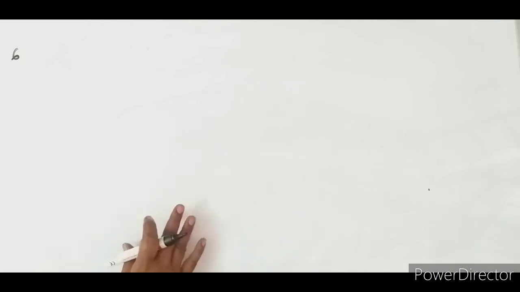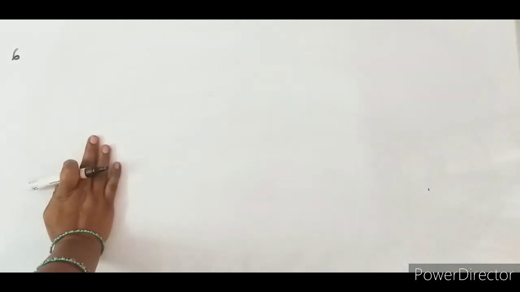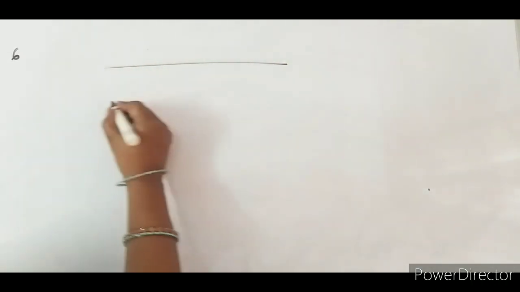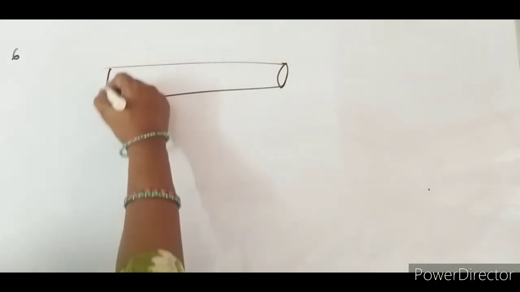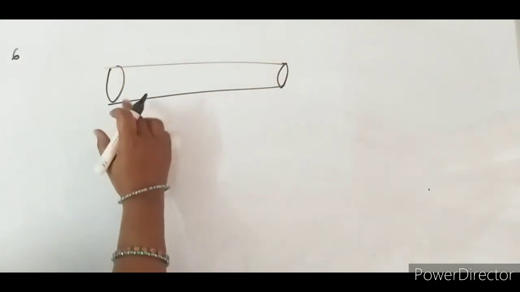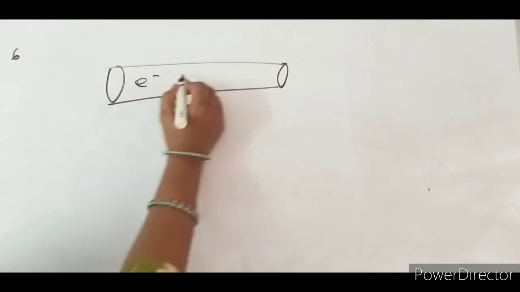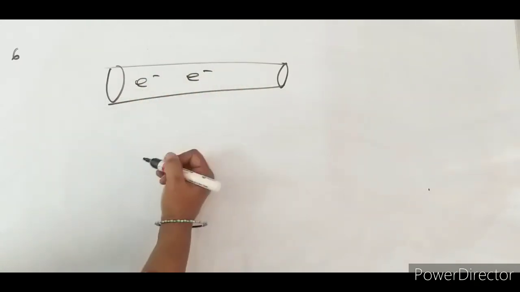What is resistance? Resistance is nothing but the obstruction offered by the substance. When current flows, let it be that wire through which current flows. The electrons flow.